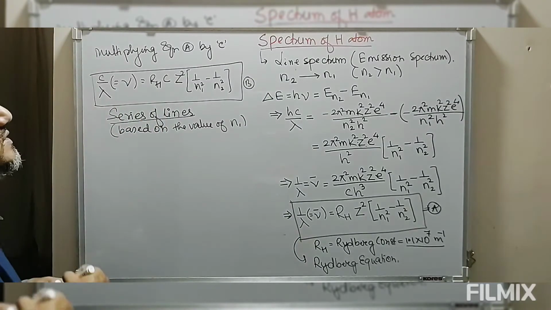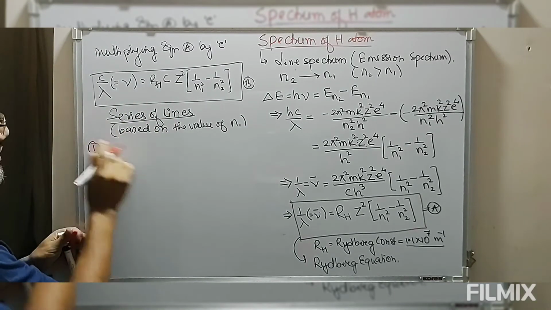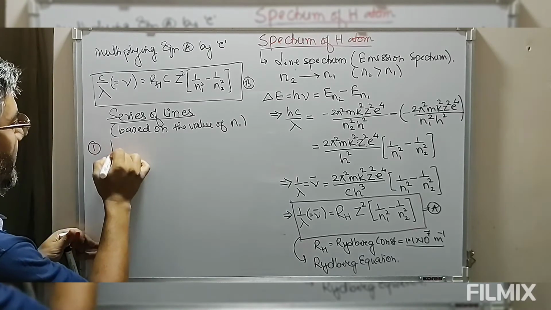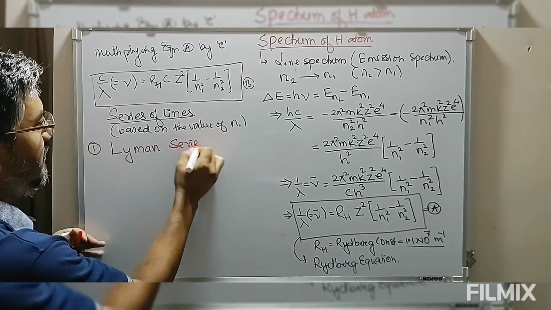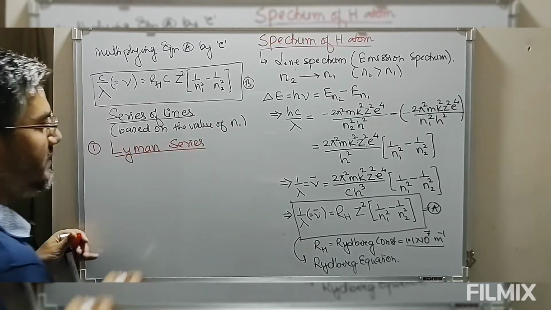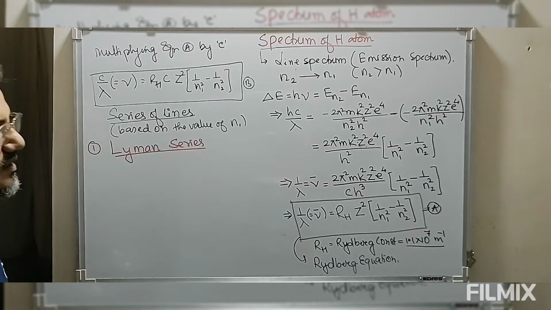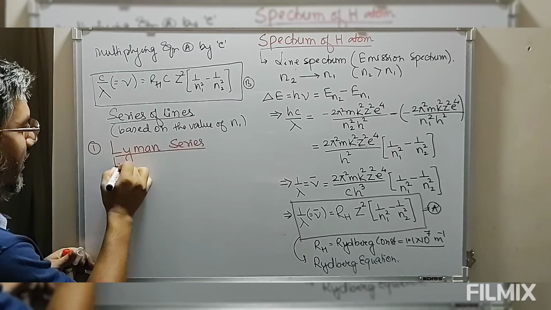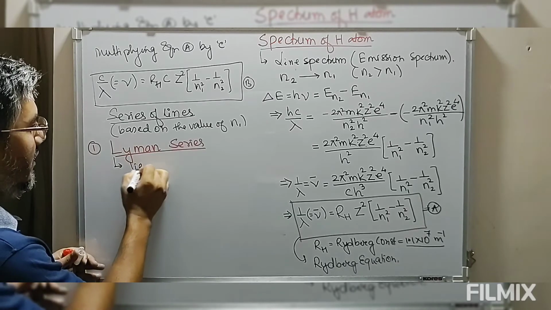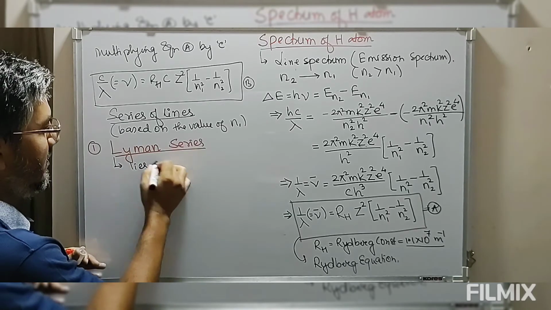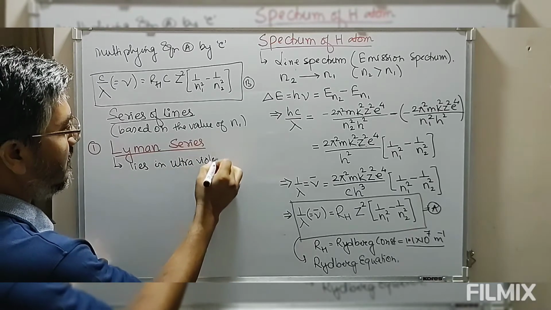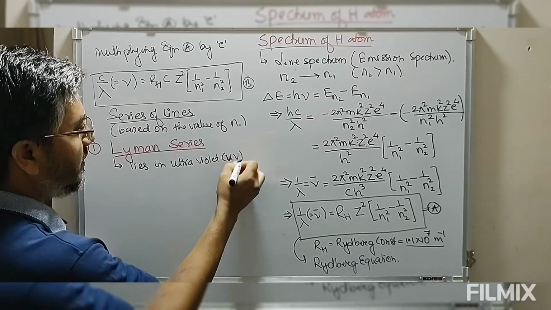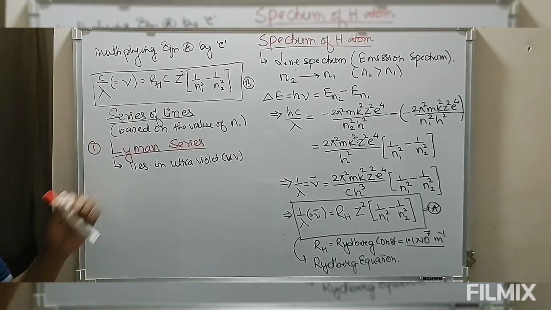The first series is known as the Lyman series. This is the series in which the frequencies emitted lie in the ultraviolet region of the electromagnetic spectrum.